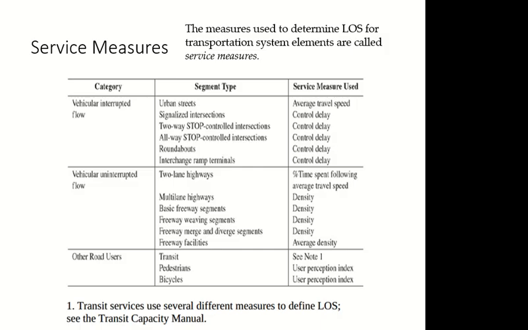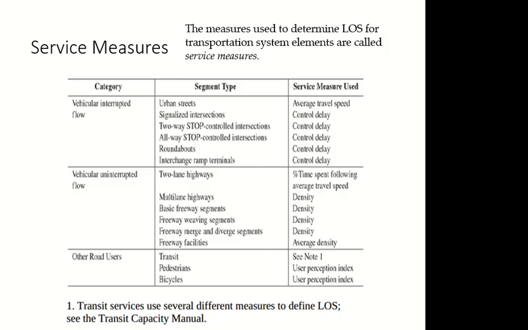The facilities which we are discussing in this course are uninterrupted flow facilities, and for these facilities, the service measure is density. So if you know the density, then you can find out the level of service for most of the uninterrupted flow facilities.